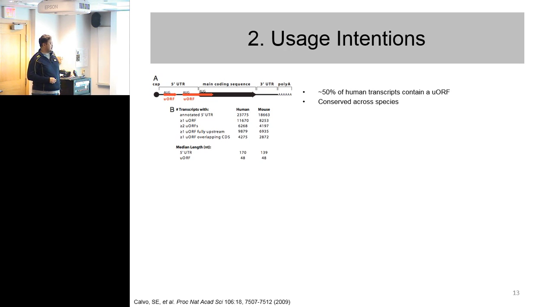Just to give a brief background about uORFs, approximately half of the human transcriptome contains a uORF. Many of them actually contain more than one. And this mechanism of upstream translation is conserved across species.